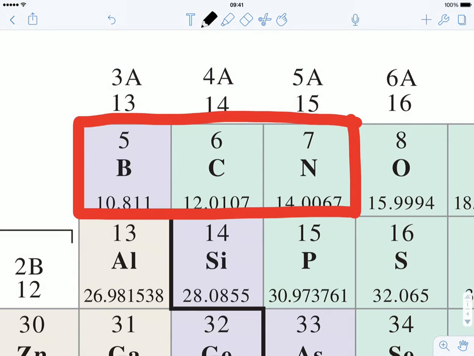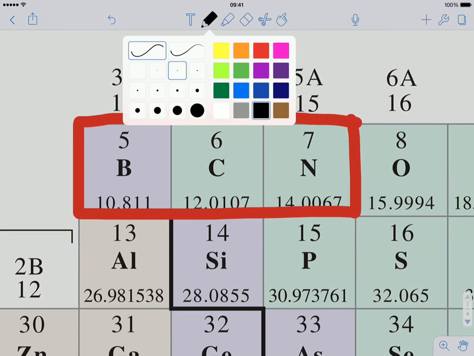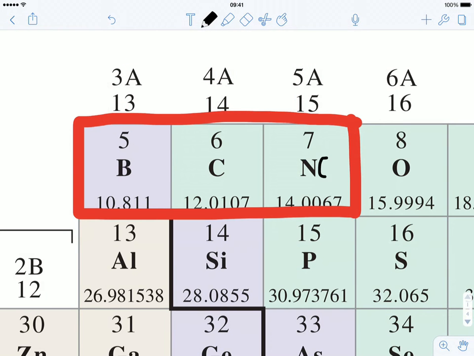All 3 of these have something in common: they have O3 in their polyatomic ion. So this first one would be nitrate, this would be carbonate, and this would be borate.